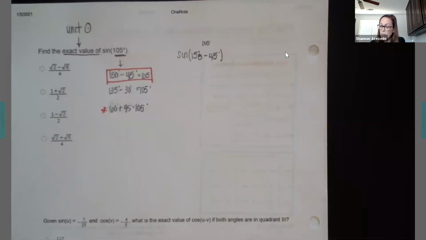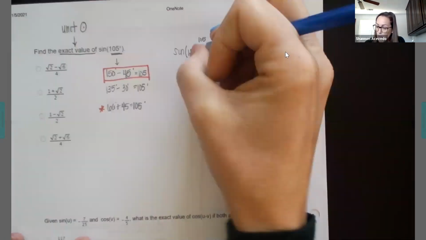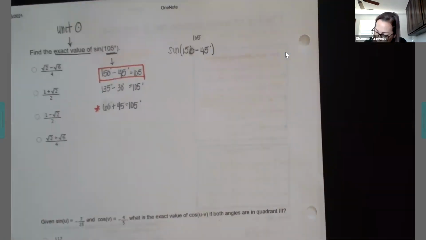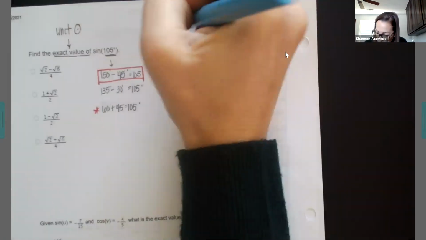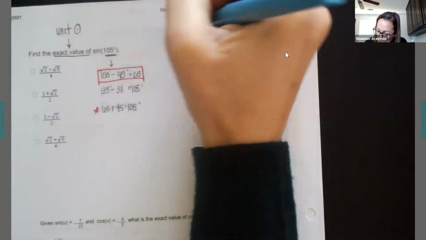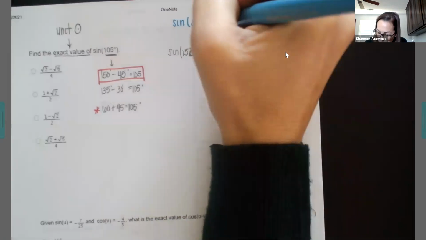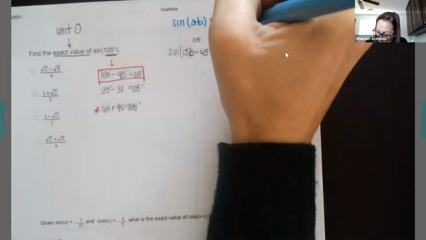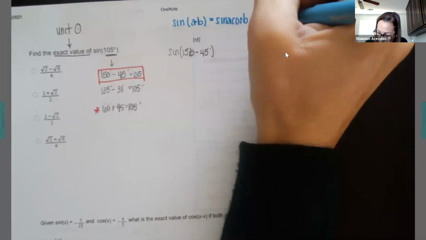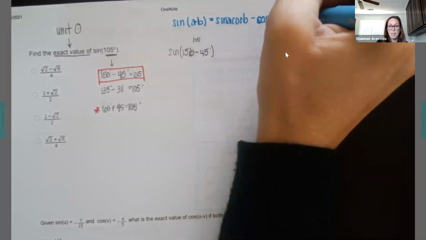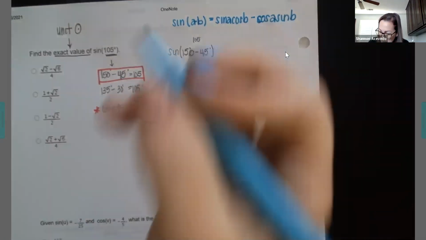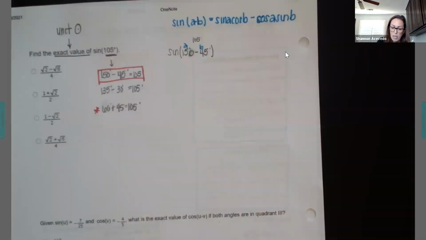And from the front side of my paper, I have the equation that sine of A minus B is equal to sine of A cosine of B minus cosine of A sine of B. So this is that A, this is that B value, and I'm going to plug it all in.